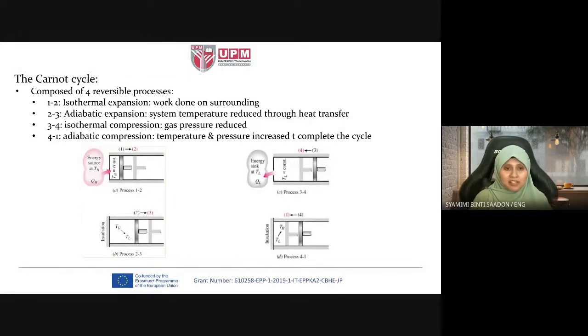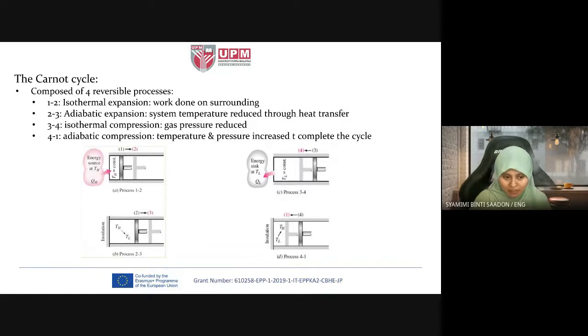But in the conventional heat engine just now, the expansion process in the turbine decreases pressure and decreases temperature. But here for Carnot cycle, you decrease pressure, expansion, but we assume a constant temperature throughout the expansion process, isothermal. Work is done on the surrounding, so we produce work. Second process, 2 to 3, adiabatic expansion.